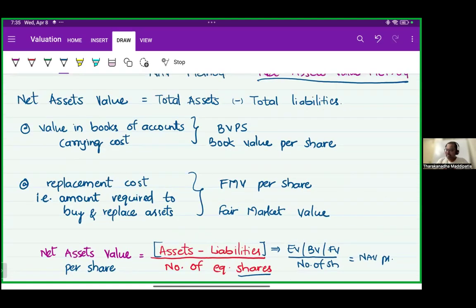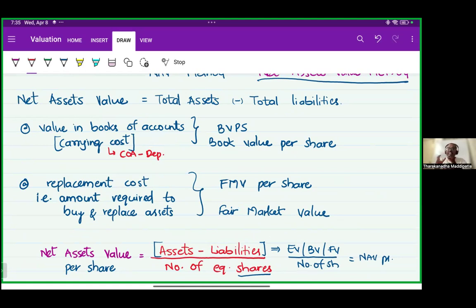That is called as carrying cost. Carrying cost refers to cost of acquisition subtracted by accumulated depreciation. So whenever we are talking about carrying cost, it means cost of acquisition minus depreciation. So this is a regular balance sheet, that is presentation of assets and liabilities at carrying cost.